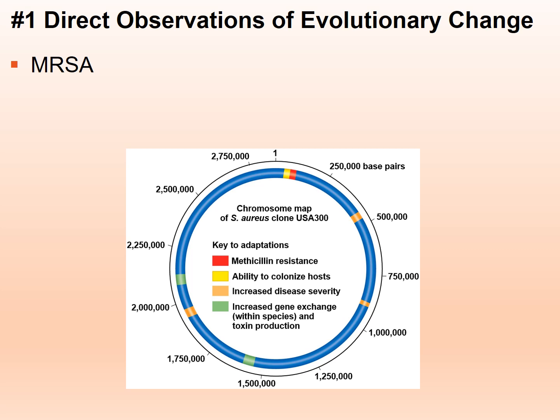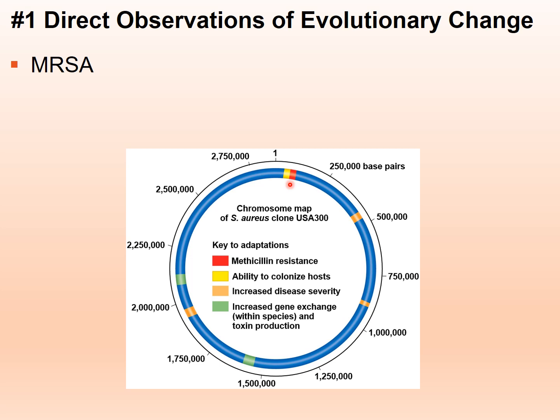We see this in the evolution of bacteria that become drug resistant, like MRSA. This shows the genome of MRSA. Look, we've got methicillin resistance. It's got a new gene that provides a product which allows it to survive in the presence of methicillin. So methicillin is no longer effective against this type of Staphylococcus aureus.